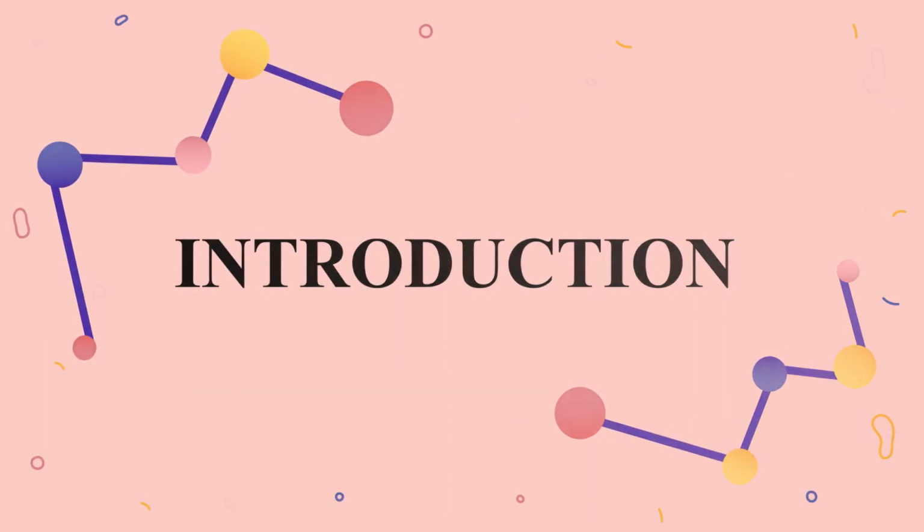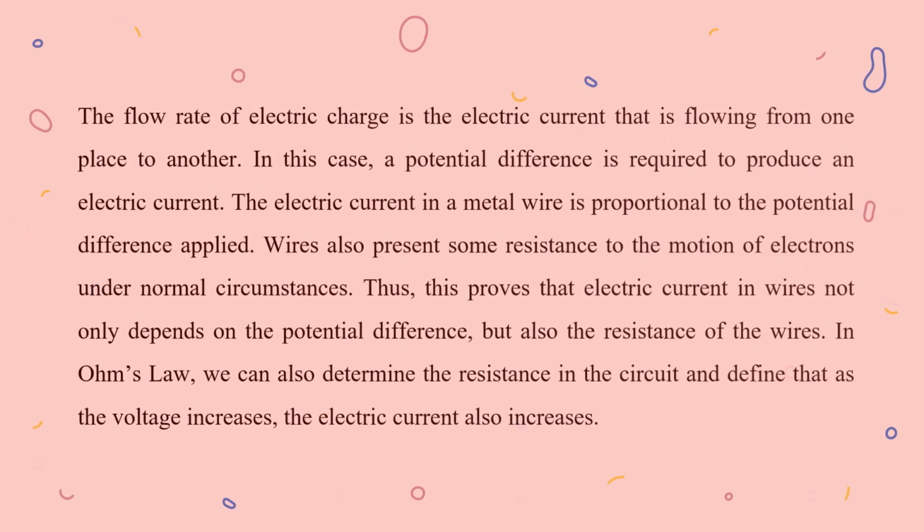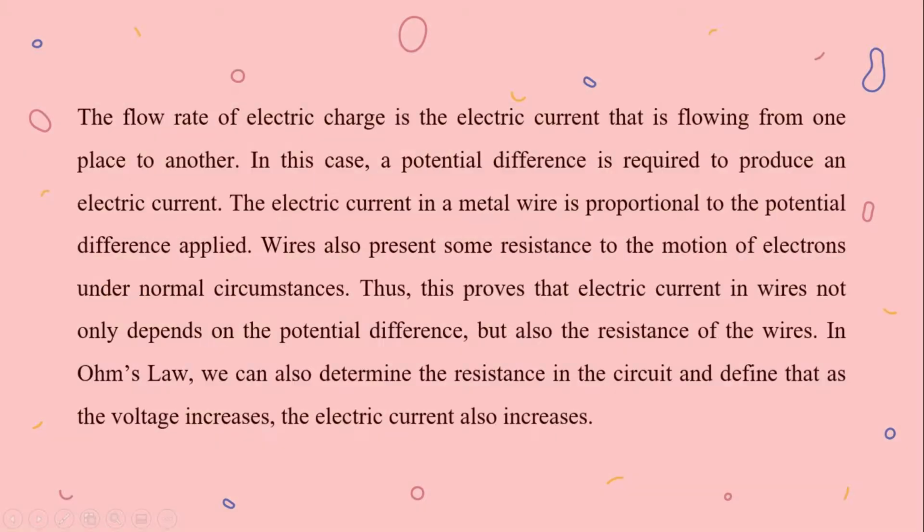For the introduction, we would like to explain that electric current is the flow of charge from one place to another. A potential difference is required to produce an electric current. The electric current in a metal wire is proportional to the potential difference applied. Wires also present some resistance to the motion of electrons under normal circumstances.